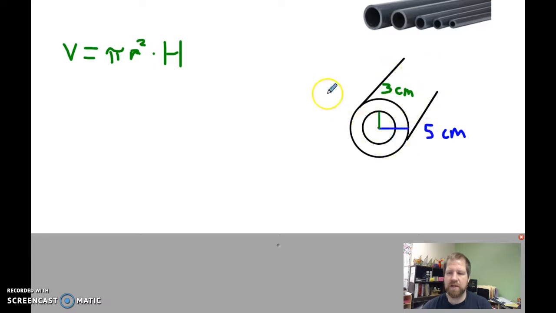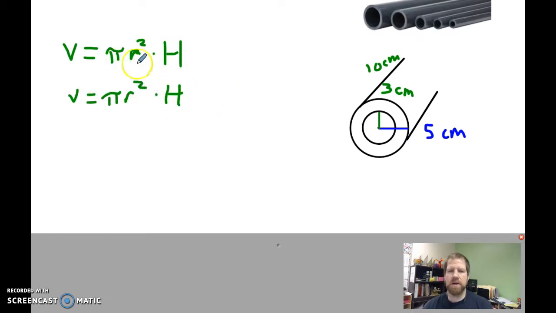Oh, and I haven't even given this a height. We'll say we're making a 10 centimeter long pipe. Okay, so this is going to be my formula for the outside, for the total one. And then my inside one is going to be the exact same, right? Pi r squared times height.